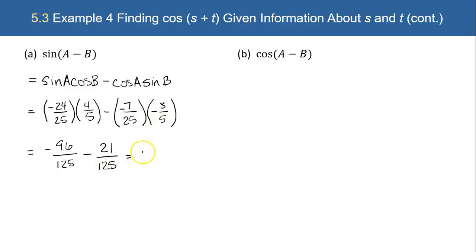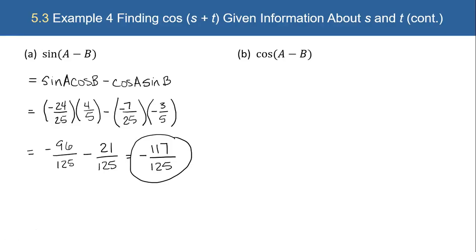Now add those up and we get negative 117 over 125. And that's the value we are looking for. Okay, now let's do cosine.